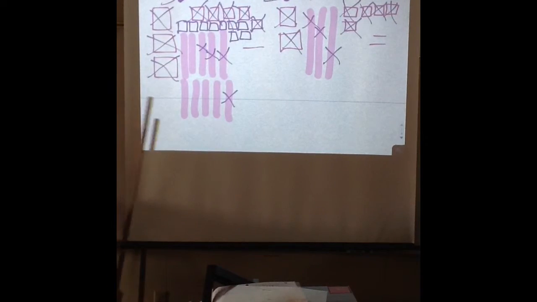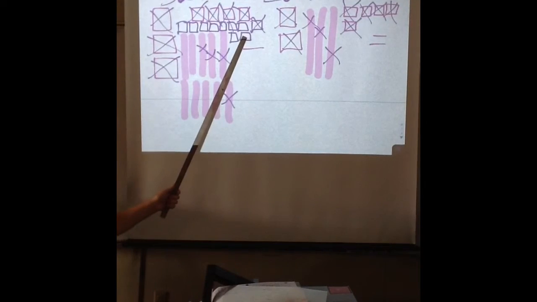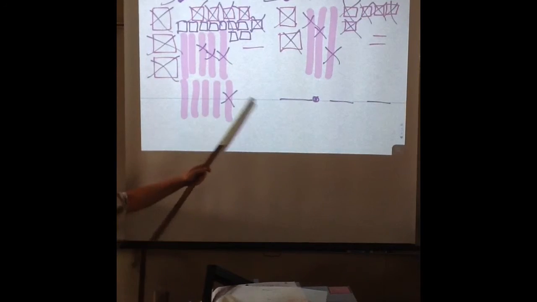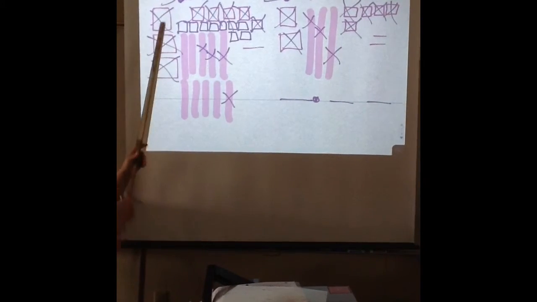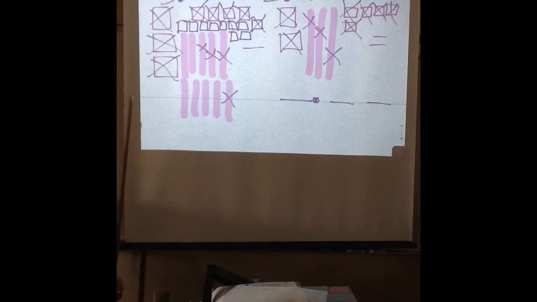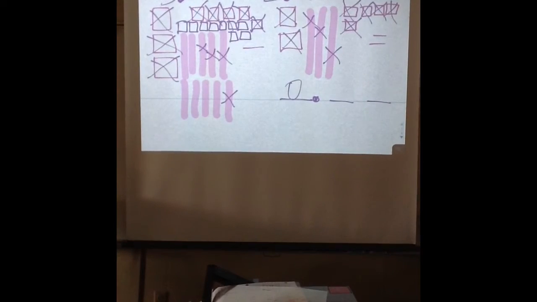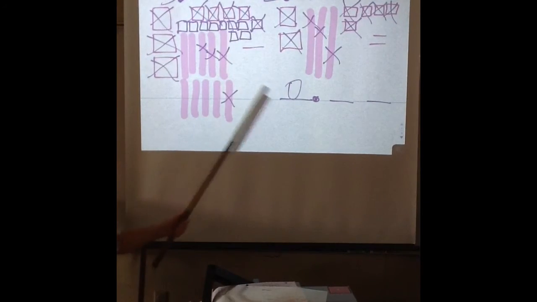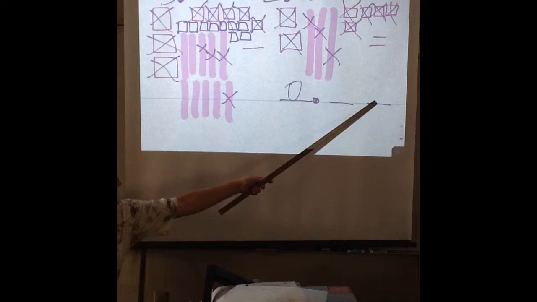So, how many hundredths do I have left? 9. I have 9 hundredths, so my answer is going to be, how many wholes do I have? How many whole numbers do I have? 0. I've got no boxes over here at all. So that means 0. Now, how many of these boxes do I have left? You said 9, right? Yep. Does that go here, or does that go here? There.